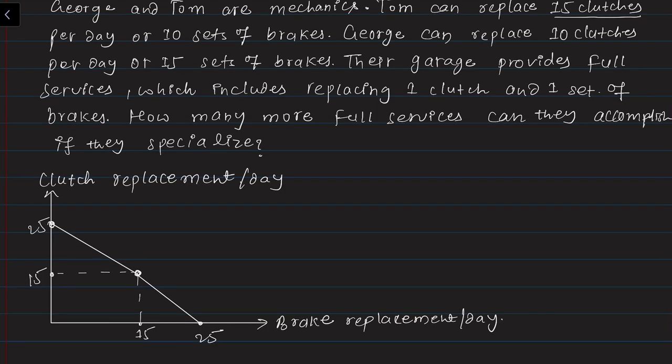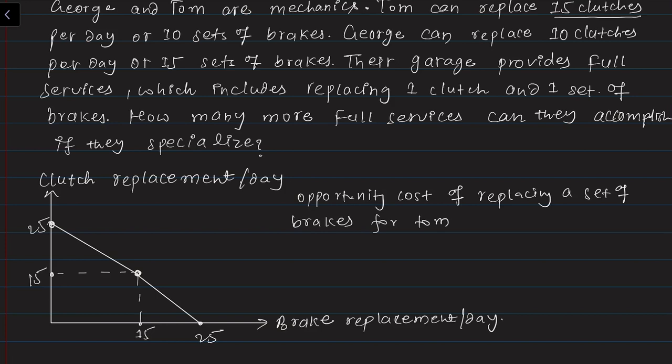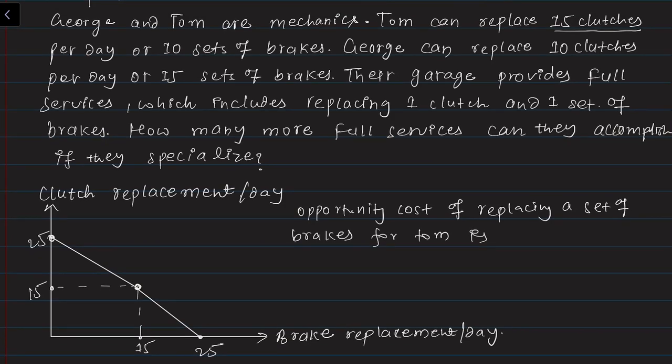First, let's find out the opportunity cost of replacing a set of brakes. The opportunity cost of replacing a set of brakes for Tom is 1.5 clutches, right? This is nothing but 15 over 10.